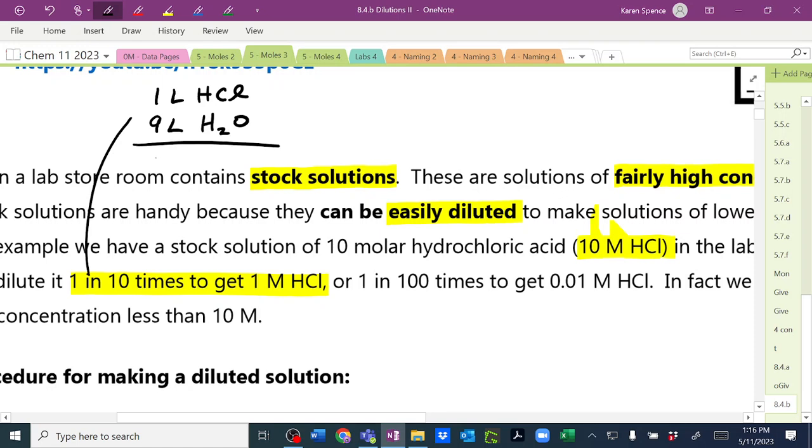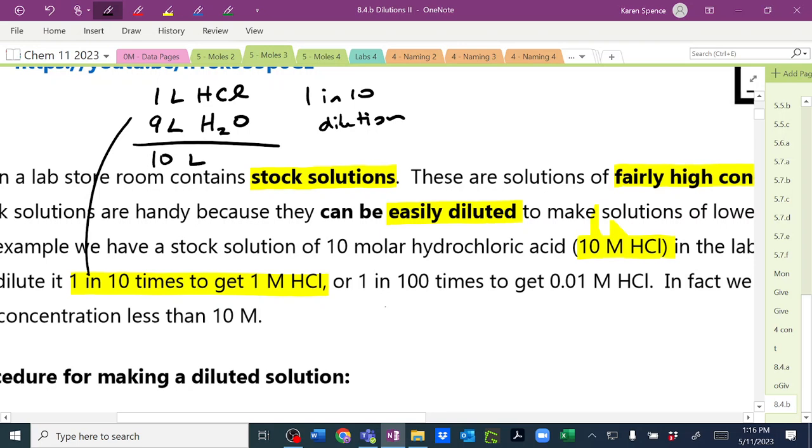That would give me a total of 10 liters, and that would be a 1 in 10 dilution. You don't need to know that language. If you don't care, you can just not care.